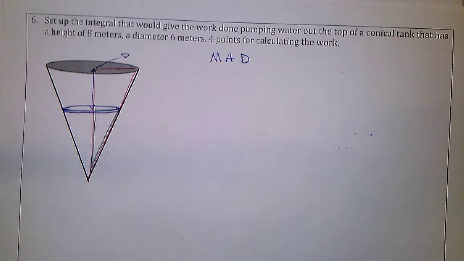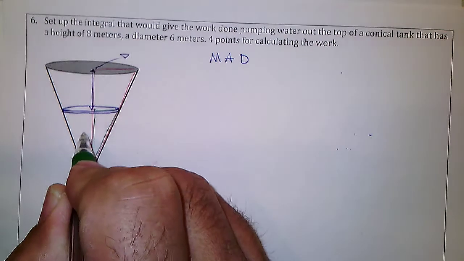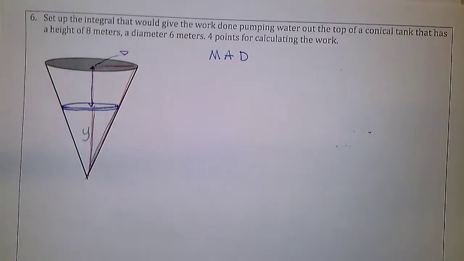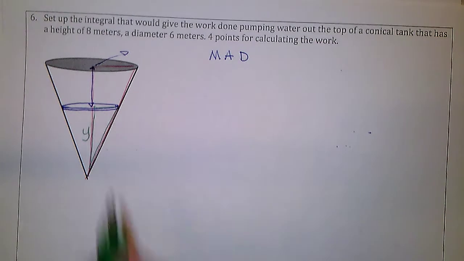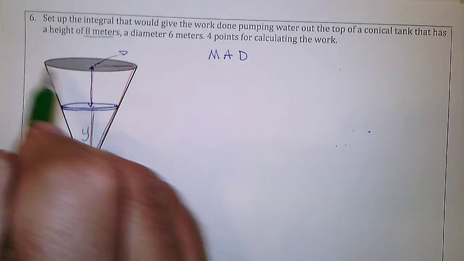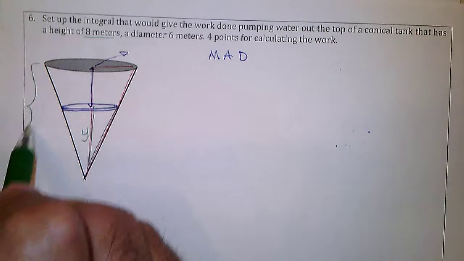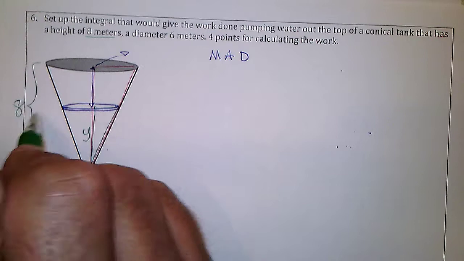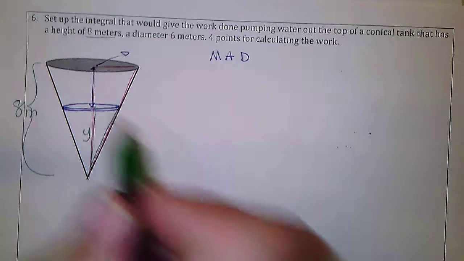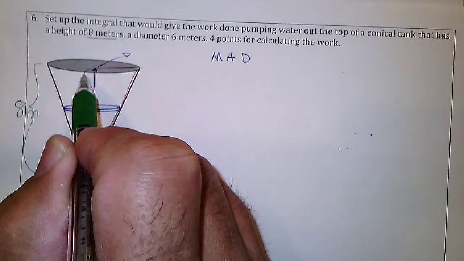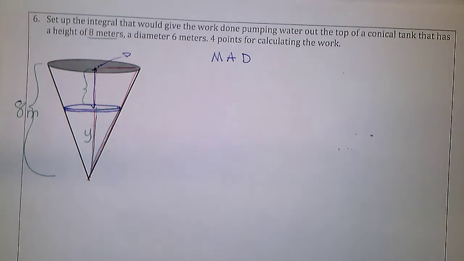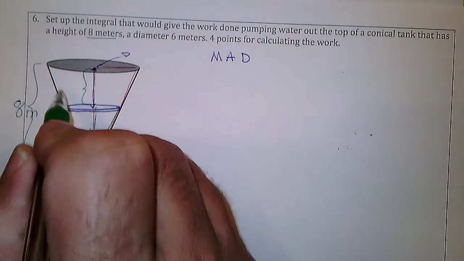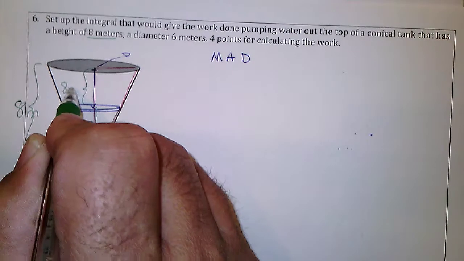So I'm going to choose, just because of that, I'm going to let Y be this. Now it's set up here, the height of this thing is 8 meters. So the height here, the distance I'm lifting it, is going to be 8 minus Y.